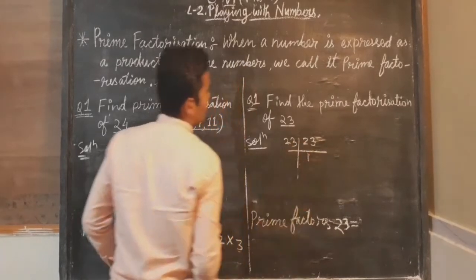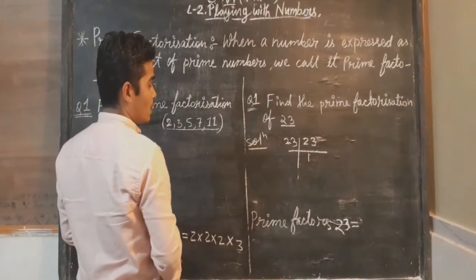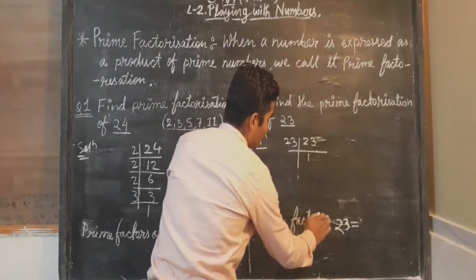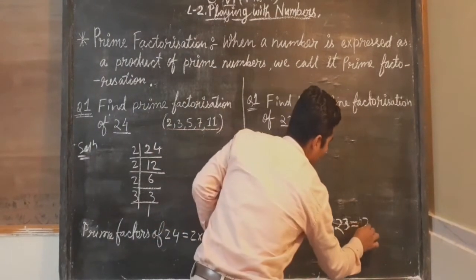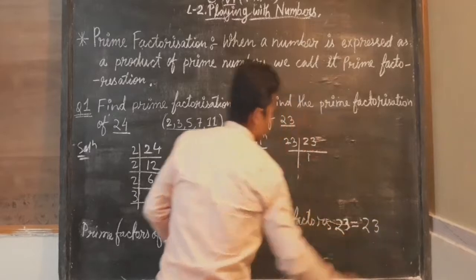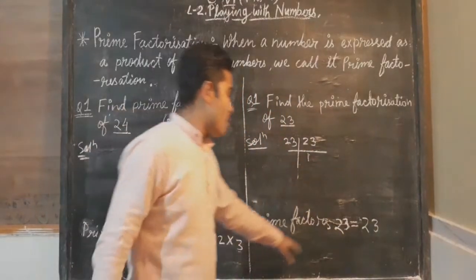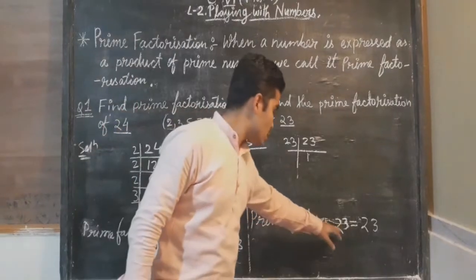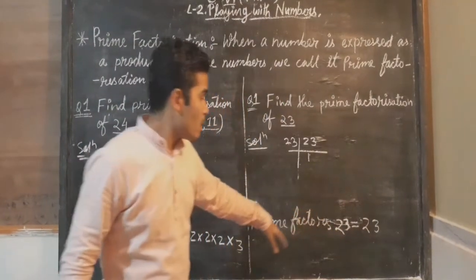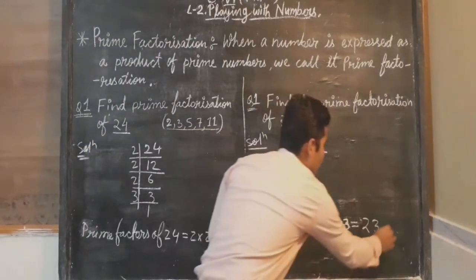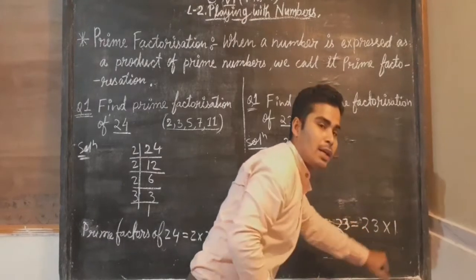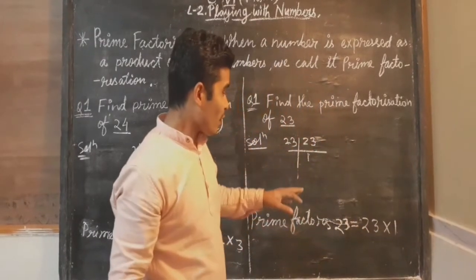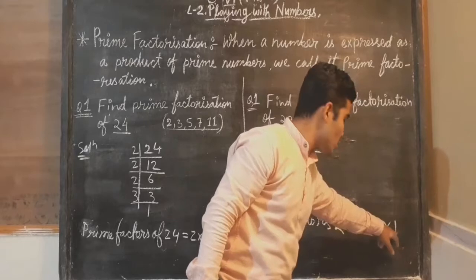23 1s are 23. Now the prime factors of 23 will be what? Only 23. See, any prime number we cannot write as the product of prime factors. You see, if I write 23 1s are 23, 1 is not a prime number and it is not a composite number either.